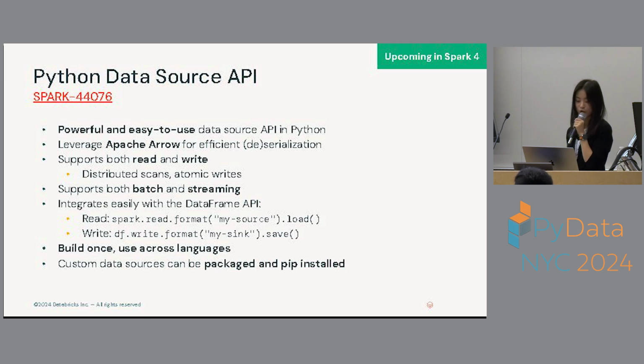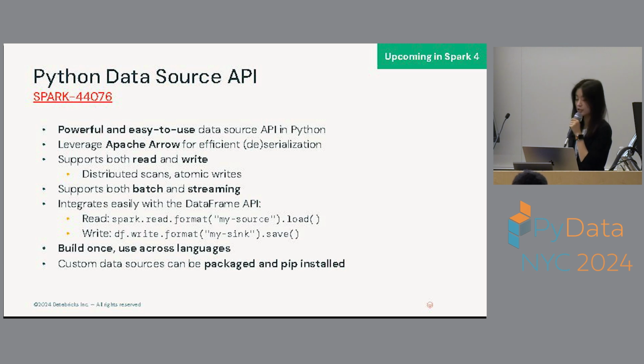And this API supports both read and write operations with more advanced features like distributed scan and atomic writes, and it also leverages Apache Arrow for efficient serialization and deserialization. It supports both batch and streaming, making it very flexible for various use cases.